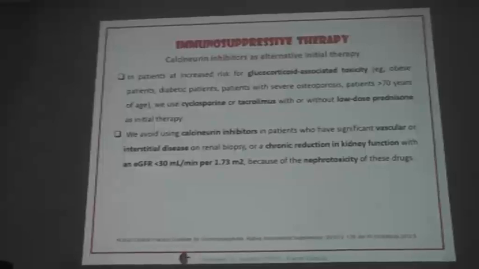However, patients at increased risk for glucocorticoid toxicity, for example those with obesity, diabetes, severe osteoporosis, and the elderly, may benefit from other immunosuppressive medication like cyclosporin or tacrolimus, with or without low dose steroid. Calcineurin inhibitors are avoided or contraindicated in patients with vascular or interstitial disease, or with GFR less than 30 milliliter per minute upon presentation, because of their well-known nephrotoxicity.